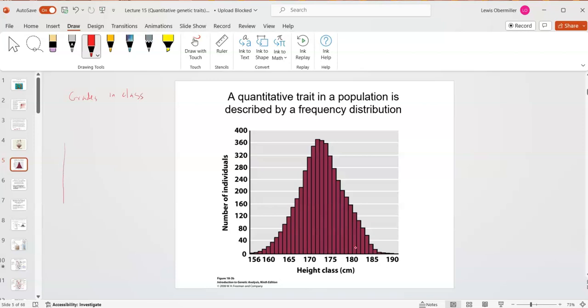Lots of people ask me, do I grade on a curve? This is a curve. So, do I grade on that? If we looked at grades, sorry, let me put grades on. No, we're going to put individuals on the y axis and grades on the x axis.